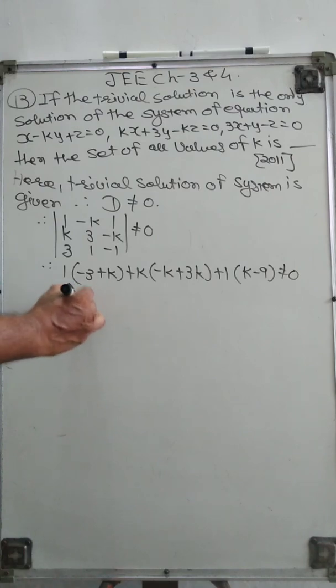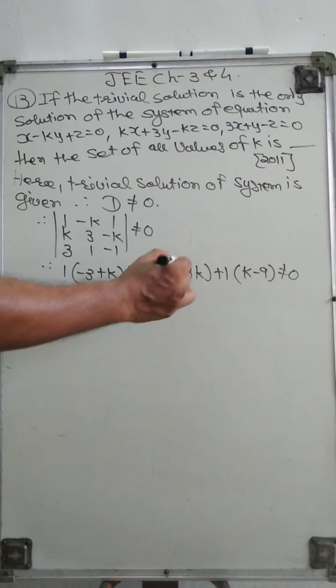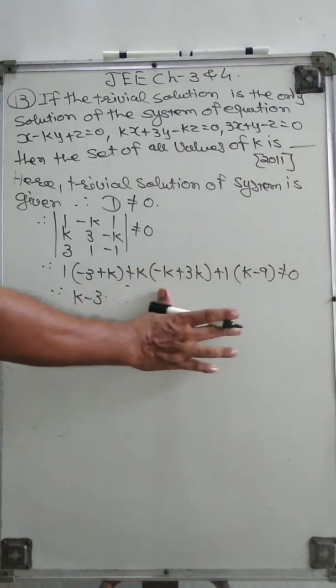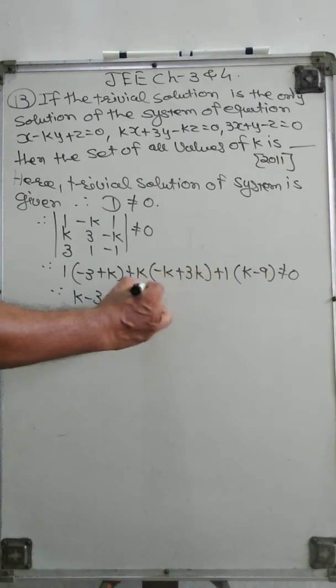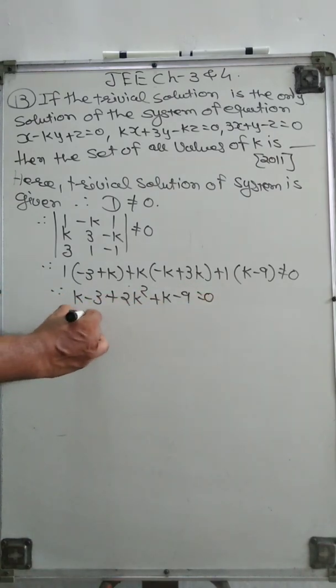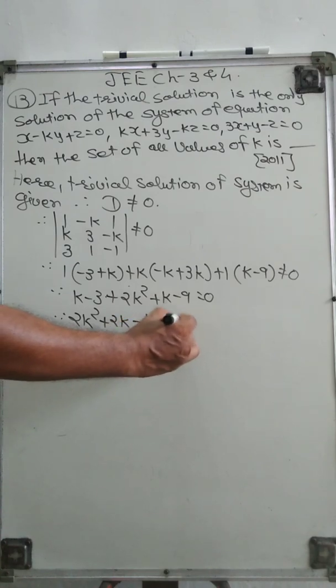It means directly we can put 2k square plus k minus 9, or 2k square plus 2k minus 12 equal to 0.